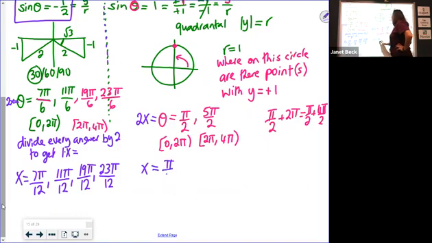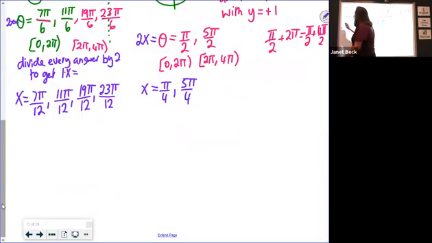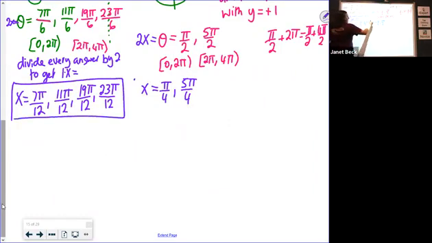Pi over 2 dividing by 2 means multiply the denominator by 2. So that's giving us pi over 4, and the second one would give us 5 pi over 4. So here are all my solutions to that problem. I've got these 4 from that one factor, and these 4 from the other factor.